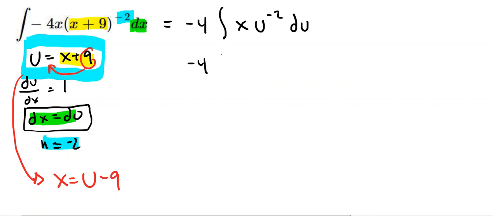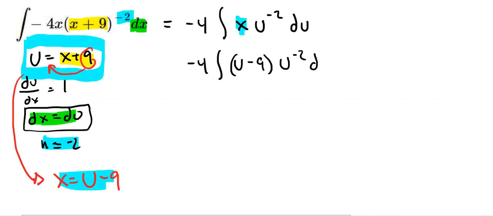So we have -4 integral. Once again, we're going to take out the x and put in what x is equal to, u minus 9, in parentheses, times u to the -2 du. So now that we have everything in terms of u, we're good.